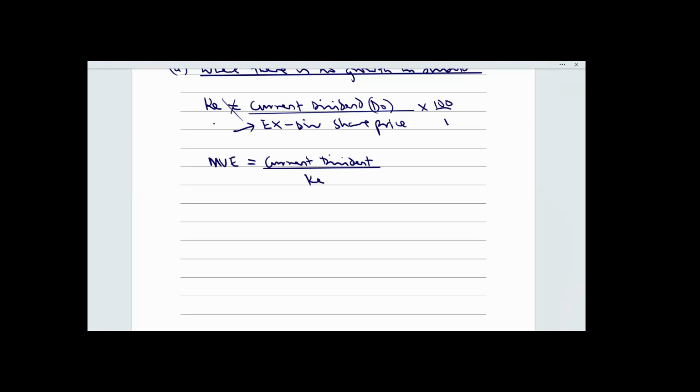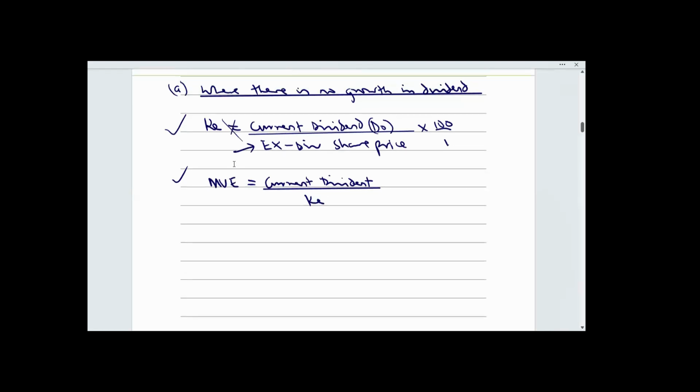That's it. You can call it cost of equity or dividend yield, or rate of return on equity. Whatever you want to call it is the same thing. So this is the formula for calculating cost of equity, and this is the formula for calculating market value of equity where there is no growth.